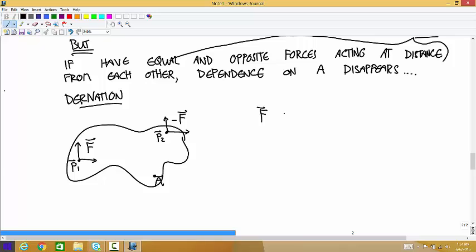So F and negative F are a couple, acting at a distance from each other.